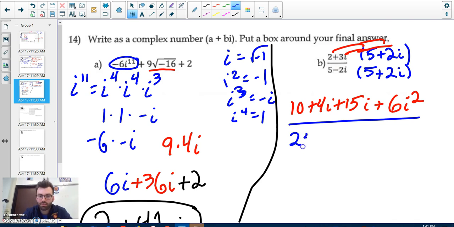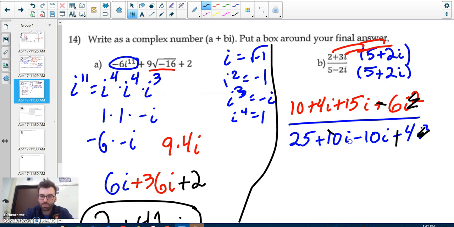I got 25 plus 10i minus 10i minus 4i squared. Remember, i squared, just like we talked about here, is negative 1. So the i squared drops out. This is minus 6, and this becomes plus 4.